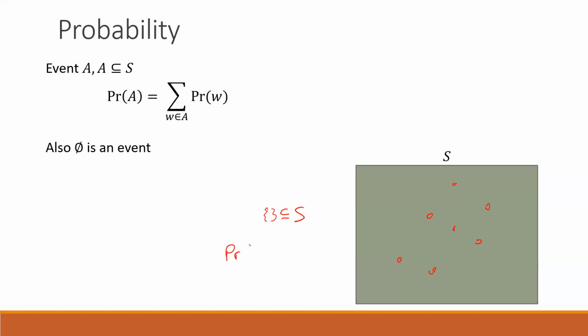The probability of the null set is 0, yeah. The probability that absolutely nothing is selected from S is 0. By the way that we've defined our sample space, it's some trial and one of these outcomes has to happen. So the probability of the empty set is 0.